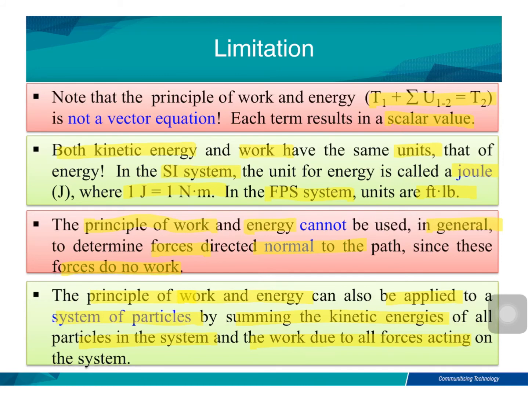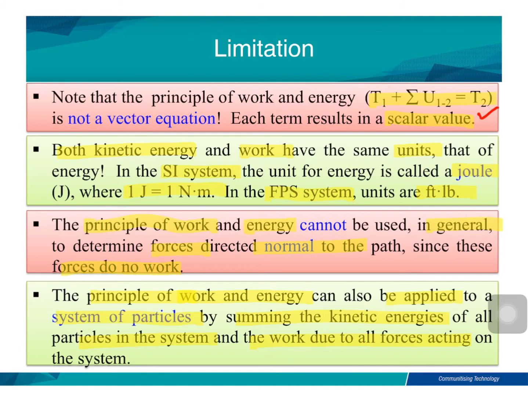So here, as usual, note that in the principle of work and energy, this one is not a vector. Each term results in a scalar value. Both kinetic energy and work have the same unit. In the SI system, we call it a joule, where 1 joule is equal to 1 Newton dot meter. In the FPS system, the unit becomes foot dot pound.